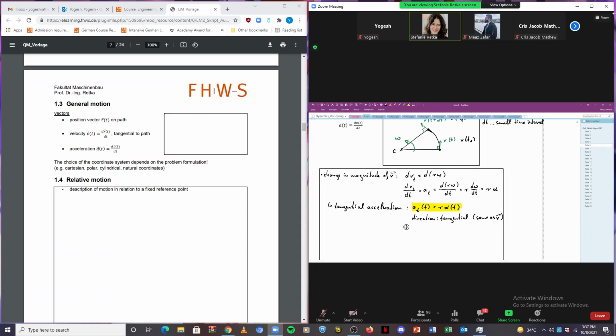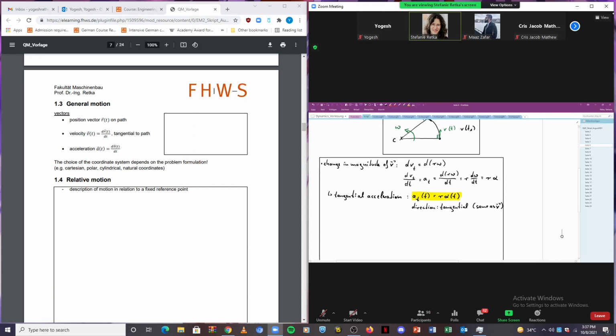Okay, but now our velocity doesn't only change in magnitude, it also changes in direction, since our point mass moves along the circular path. And we have to consider this change as well. Alpha is the angular acceleration.